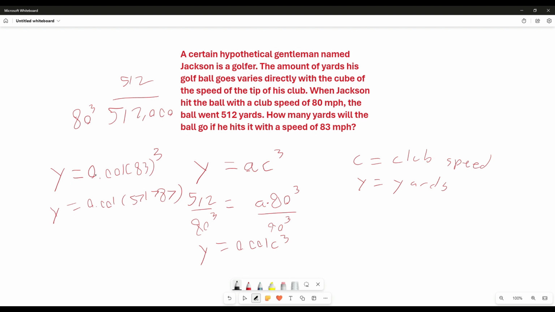Then we multiply that out, 0.001 times 571,787, and we get 571.787. Y equals, put a label on that number, rewrite it, and circle it.